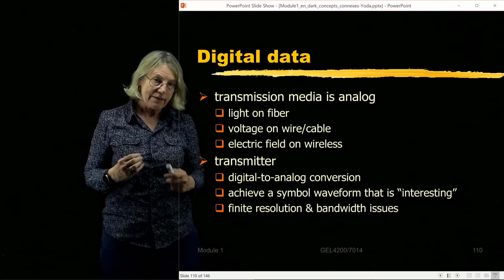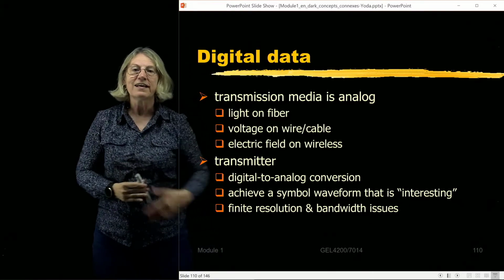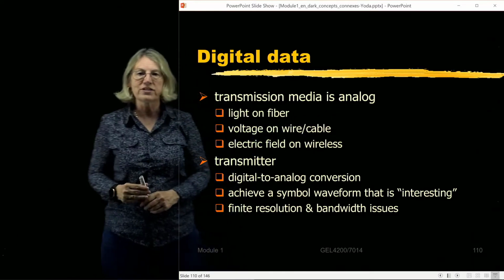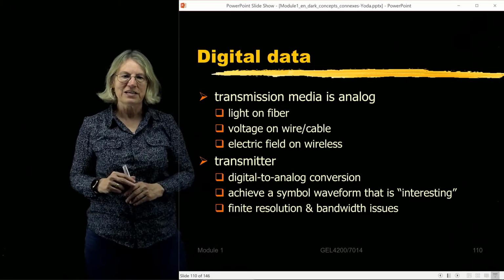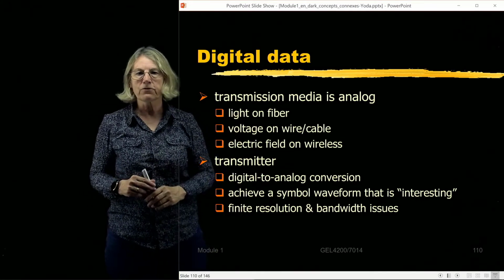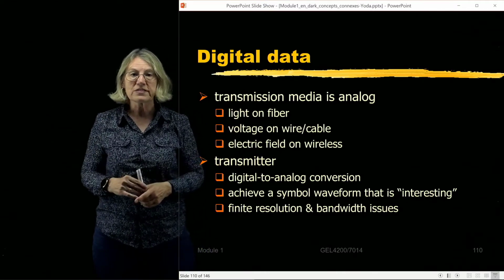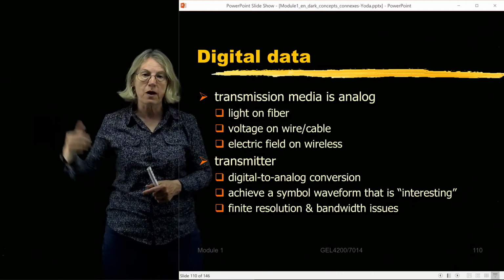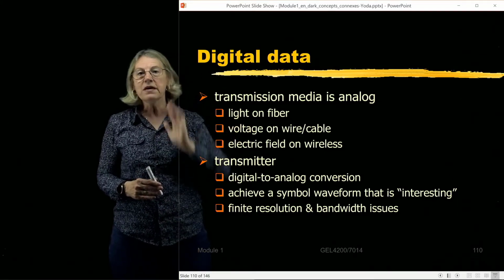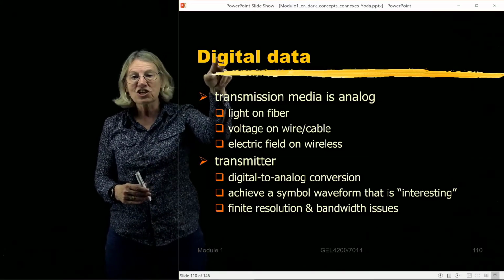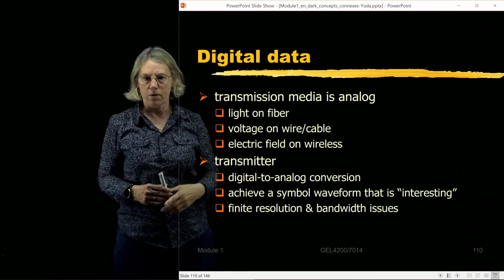So now when it's time to take this digital data and to actually transmit it, as I mentioned, the signal is actually going to be analog during the transmission through the channel. So whether that's light on fiber, whether it's a voltage on a wire or a coaxial cable, or whether it's an electric field which is propagating wirelessly, in all of these cases, the media is actually taking my digital data and transporting it in some analog form.